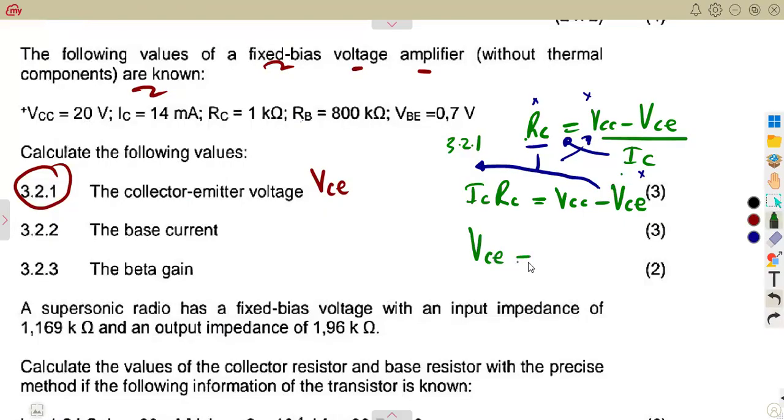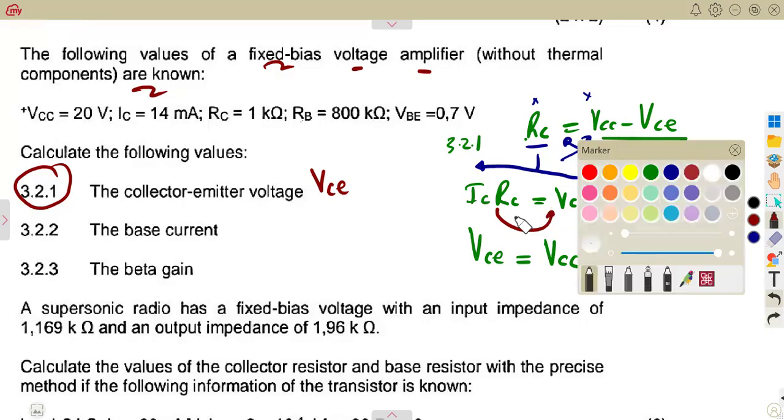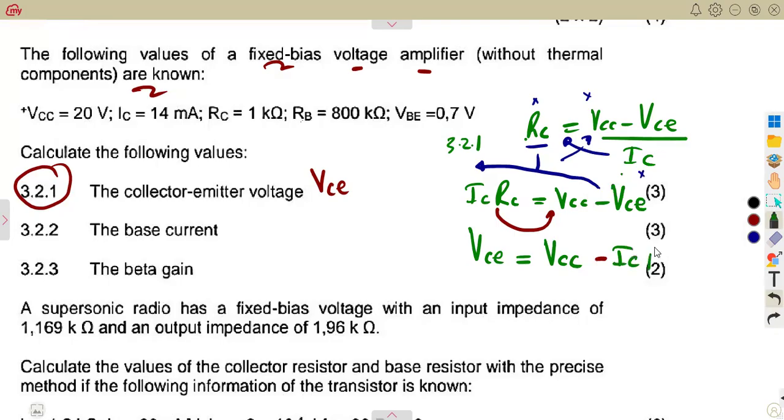So VCE is equal to what? What are you left with on the right-hand side? You are left with the VCC. Then you take the ICRC to this side. The moment it crosses the equal sign, it changes to a negative. It was a positive, so it will be minus ICRC. If you check on your memo there, a mistake was made to have a positive.